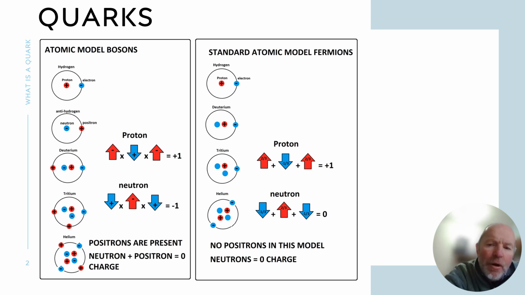and that repulsion is overcome by a force called the strong force, and the strong force has some very interesting properties, but in biology we just ignore that, and we say, well, a neutron is 0 charge and a proton is +1, and the center of the nucleus is always positively charged, and the electron on the orbital layers around the atom is negatively charged, and never the twain shall meet, right?